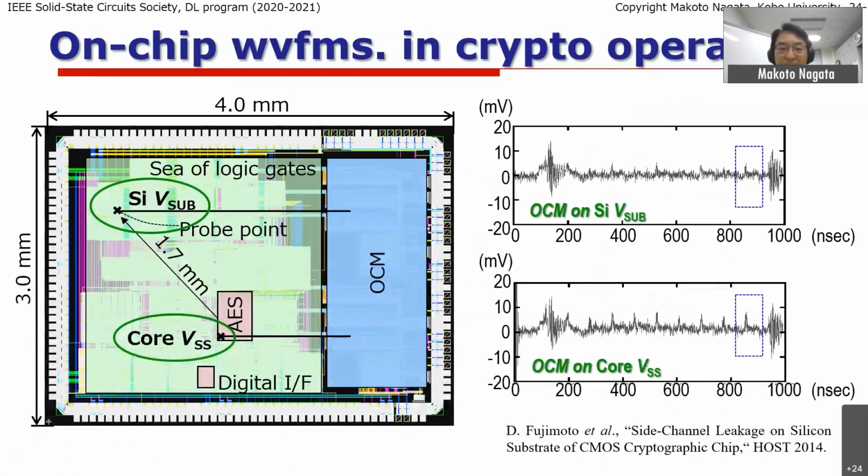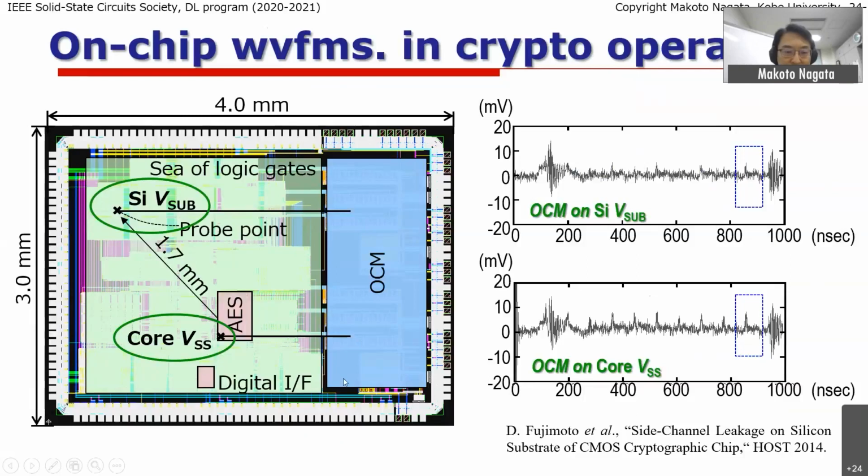Here's an example. In this case, here is a big digital circuit, including AES. This is one of the well-known cryptographic engines. Once the AES is operating, there are many noises happening, quite relevant to the operation of the AES. The on-chip monitor can capture some points over the die. For instance, in this case, the silicon substrate voltage can be captured.